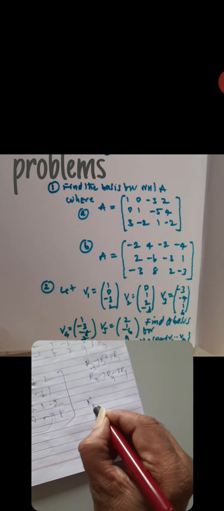Right. When this is 0, since B1, B2, ..., Bn are all vectors in our basis, the coefficients must be 0. So C1 minus D1 is equal to 0, C2 minus D2 is equal to 0, up to Cn minus Dn is equal to 0. That means C1 is equal to D1, C2 is equal to D2, Cn is equal to Dn.